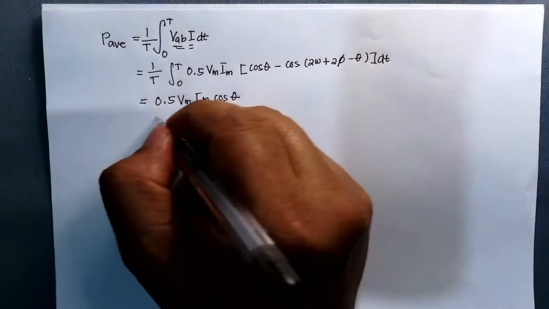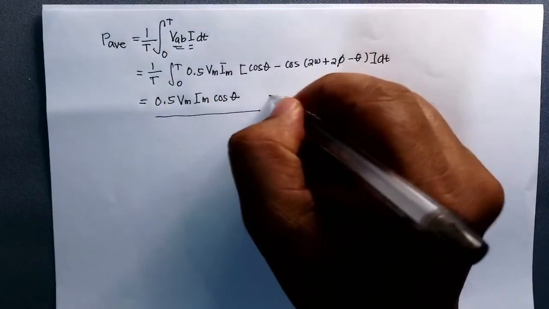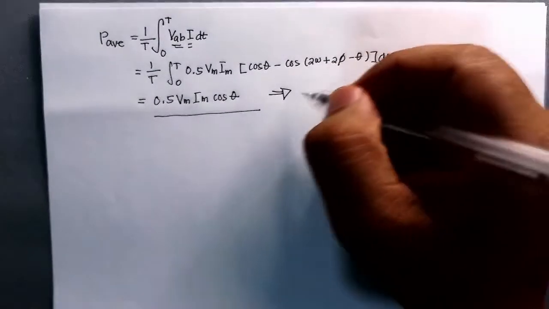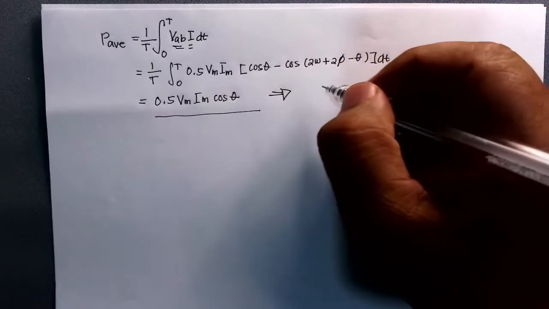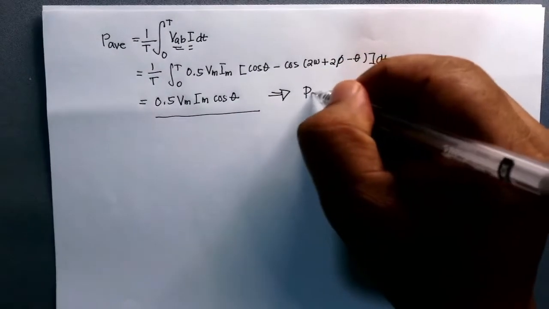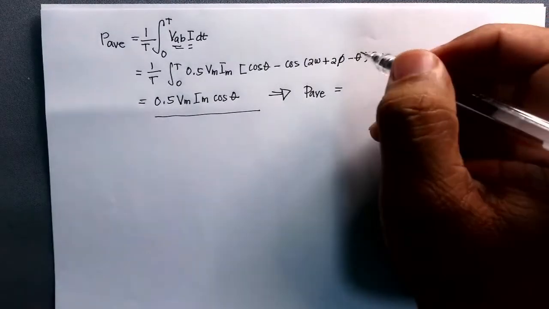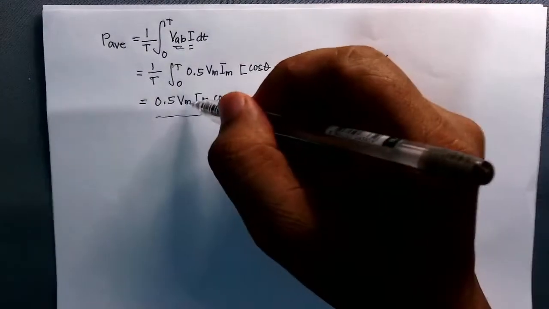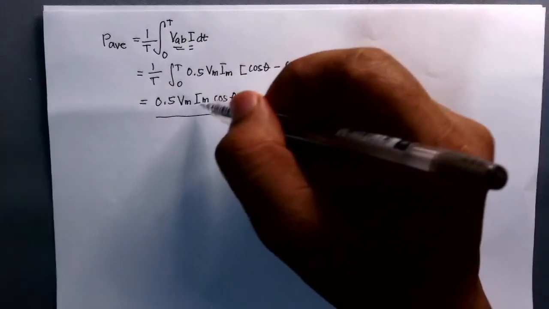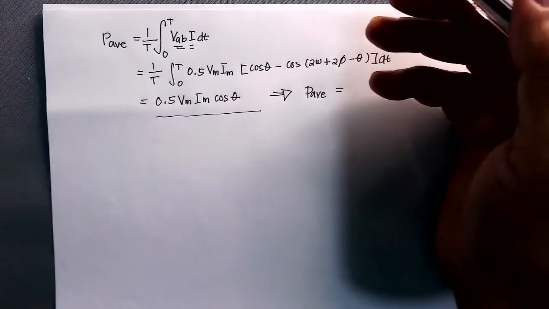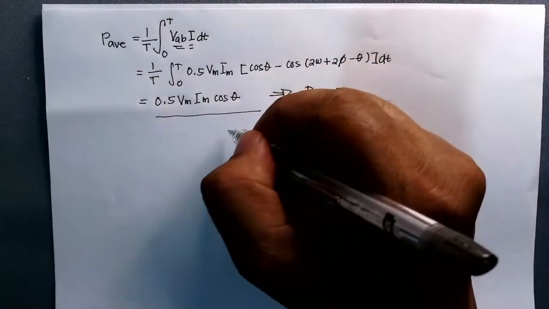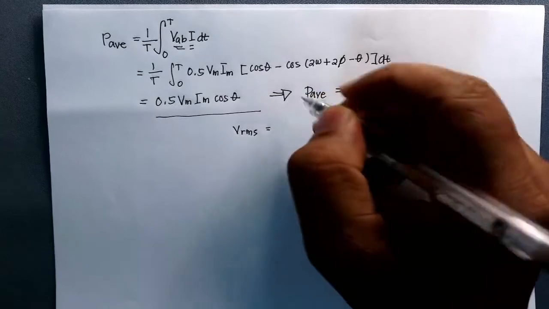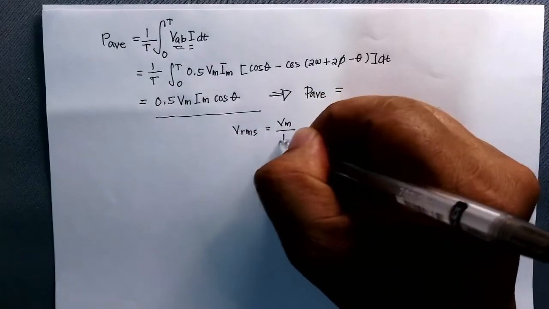Okay, so this is it, but you can also have the RMS value of your voltage and current in your power. So the average power with the RMS values, since Vm and Im are changed to RMS. We know that the RMS value, for instance V RMS, is the maximum value divided by the square root of 2.